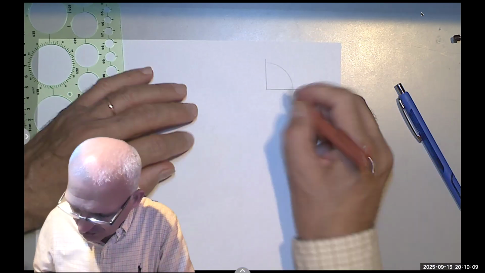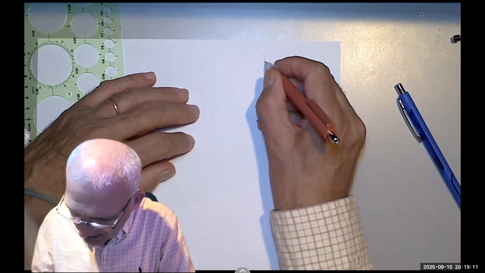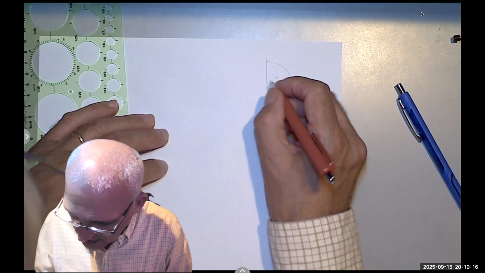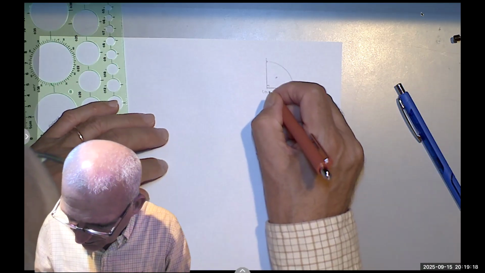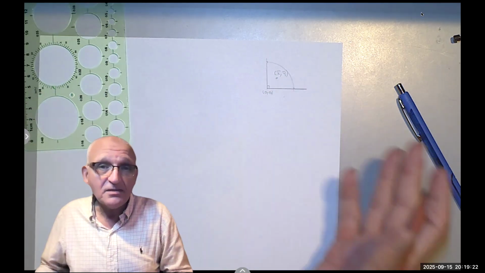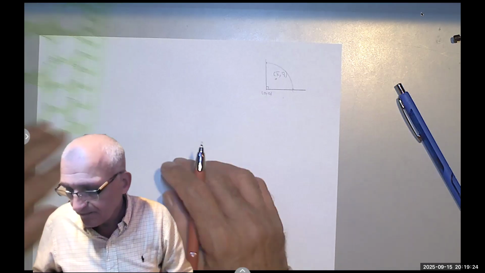It doesn't matter if you rotate it about the x or the y because it's symmetric. So it's x bar and y bar. If that's the origin, this is x bar and y bar, they should be equal, right? Because the shape is symmetric.